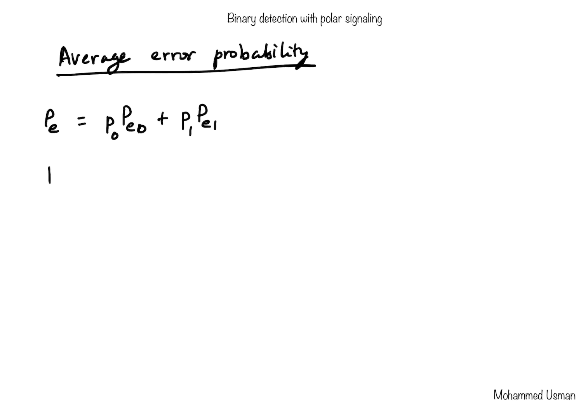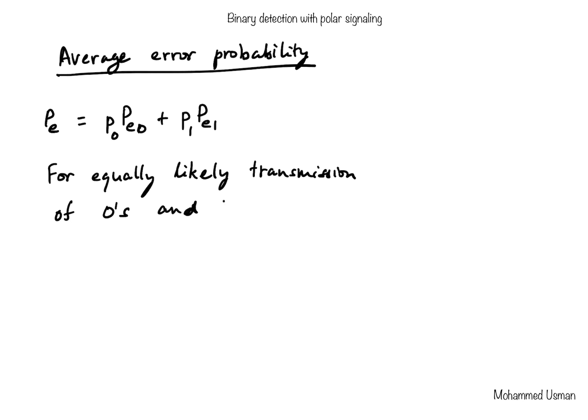So for equally likely transmission of zeros and ones, that is P0 equals P1 equals half, we can simply substitute this in our expression.